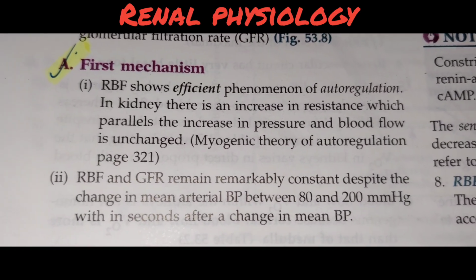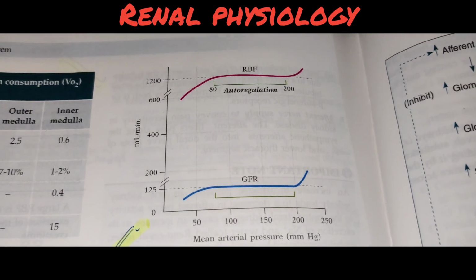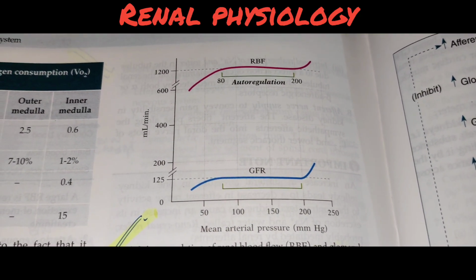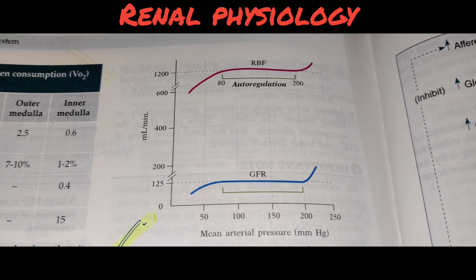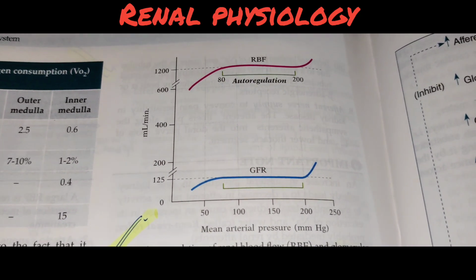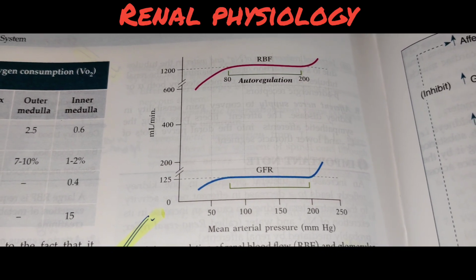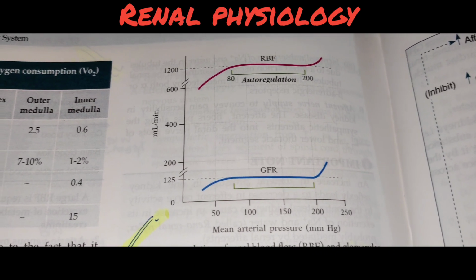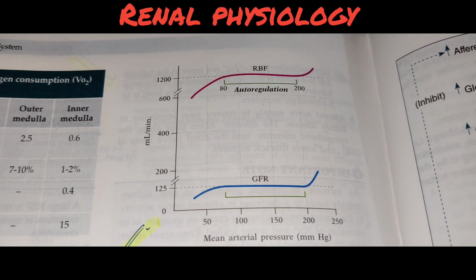So let's understand this with the graph. See, if the pressure changes from 80 to 200 millimeter of mercury, within this range renal blood flow remains constant, and so does the GFR. So this is due to the basal myogenic tone of smooth muscles in the kidney.